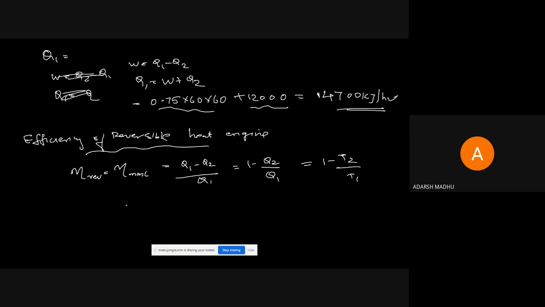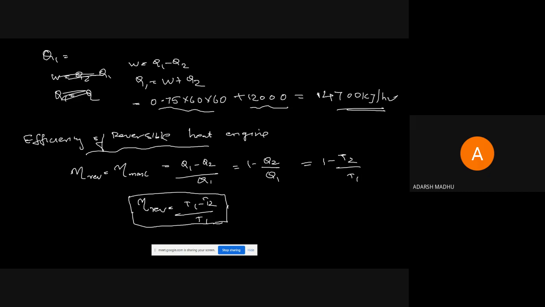The efficiency of a reversible heat engine is T1 minus T2 by T1, or 1 minus T2 by T1. Put it in a box. From this equation we can see that when T2 decreases, or T1 increases, the efficiency of the reversible cycle also increases.